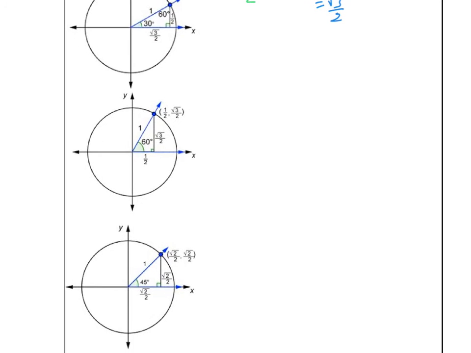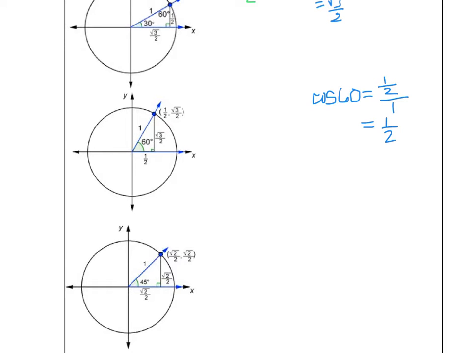Okay, let's look at our 60-degree angle. Maybe that was just a special little thing. I'm going to start with cosine first this time, if we're going to go alphabetical order. So cosine of 60, so here's our 60-degree angle. The adjacent is the 1/2 this time, and hypotenuse is still 1 because unit circle, hypotenuse is 1.